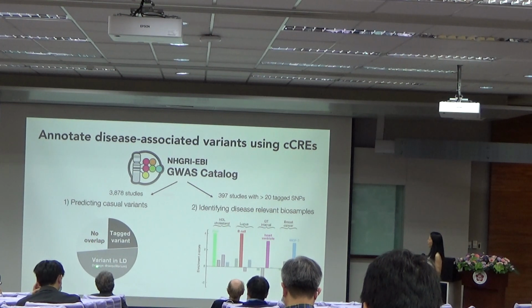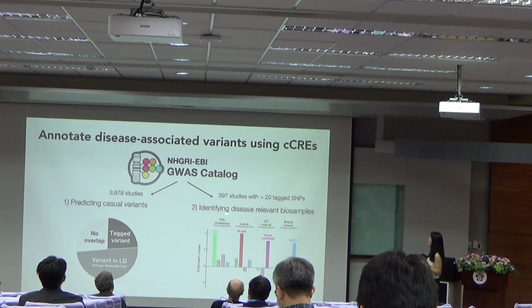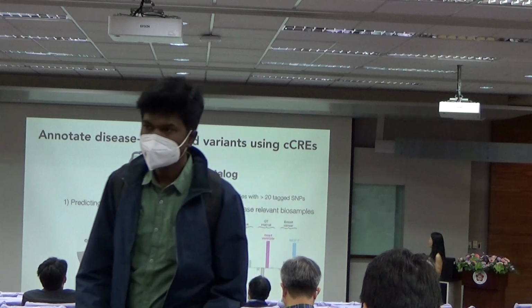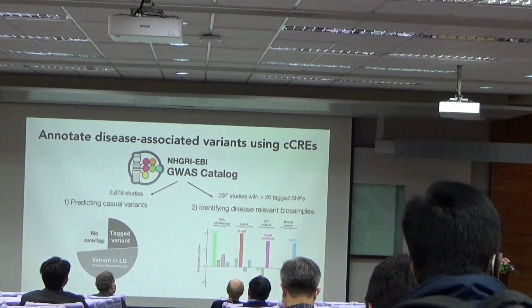Once that's taken into account in LD, I'm not going to explain this, I don't have time, but you need to do that. After you have taken that into account, we can try to identify which biosamples are more likely to be relevant for a particular disease, and which individual variants are more likely to be functional.